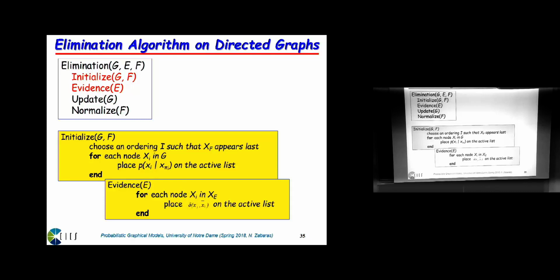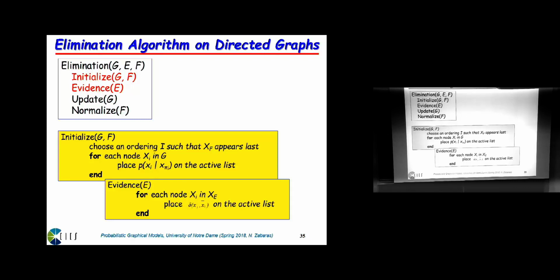Basically the graph needs to understand the potentials that you have. You need to introduce the evidence, what nodes have prescribed values, and the delta functions that we discussed. Then you need to update the graph given the evidence. This is where the elimination algorithm is going to happen. And then effectively, you have to normalize. Let me come back to this, okay?